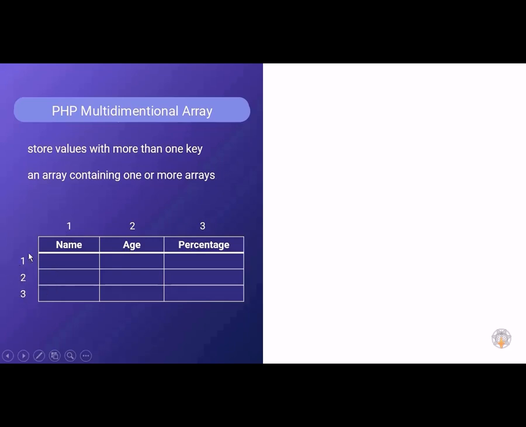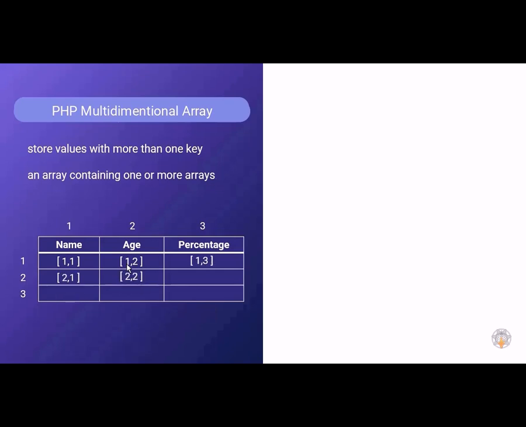The first value will be stored in first row, first column. Second value, first row, second column. Third value, first row, third column. Fourth value, second row, first column.